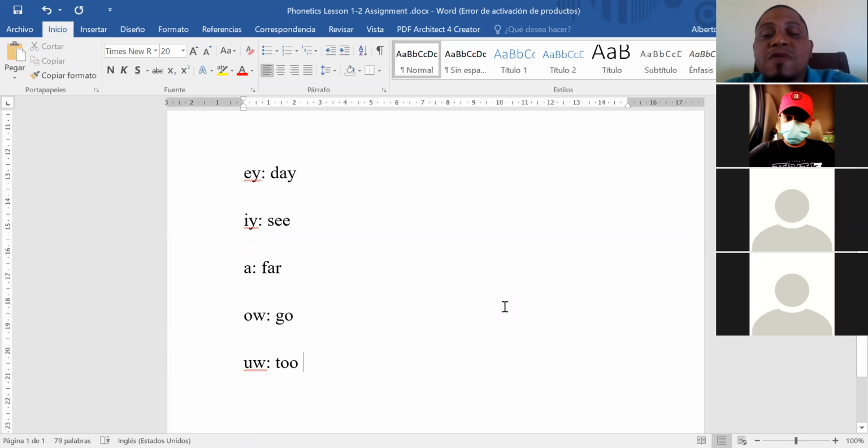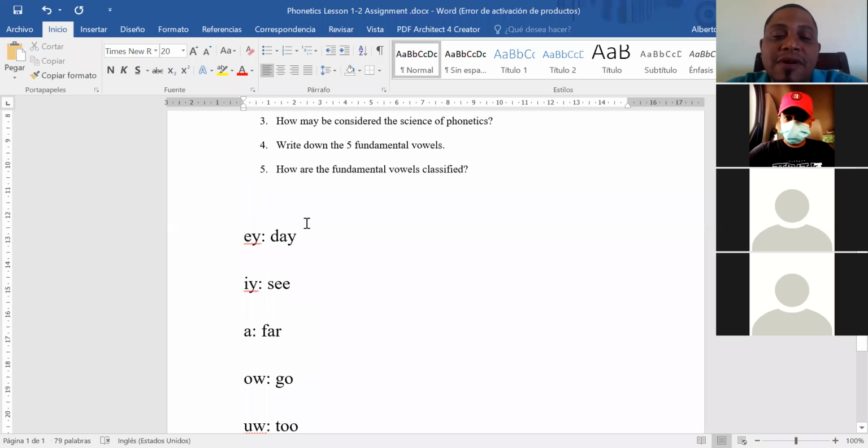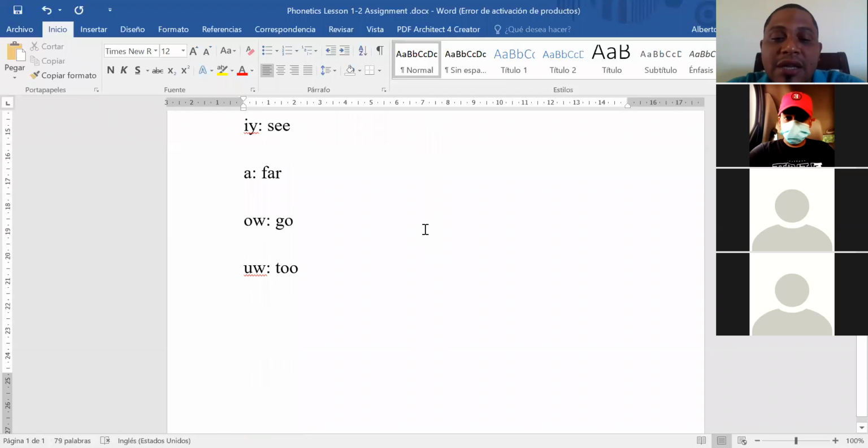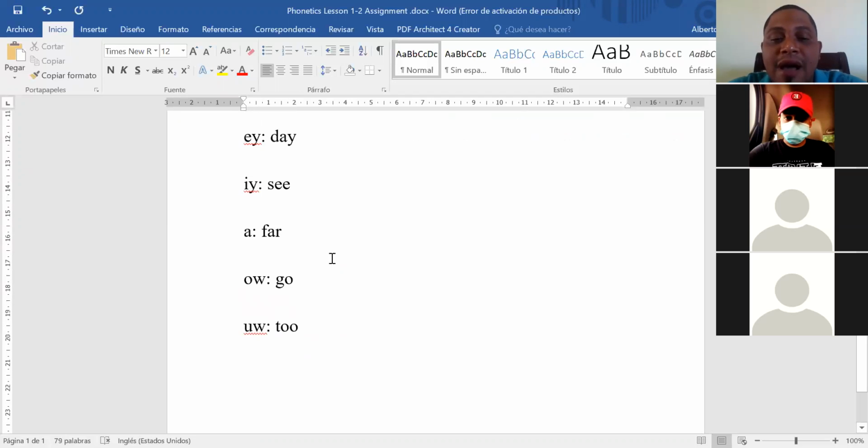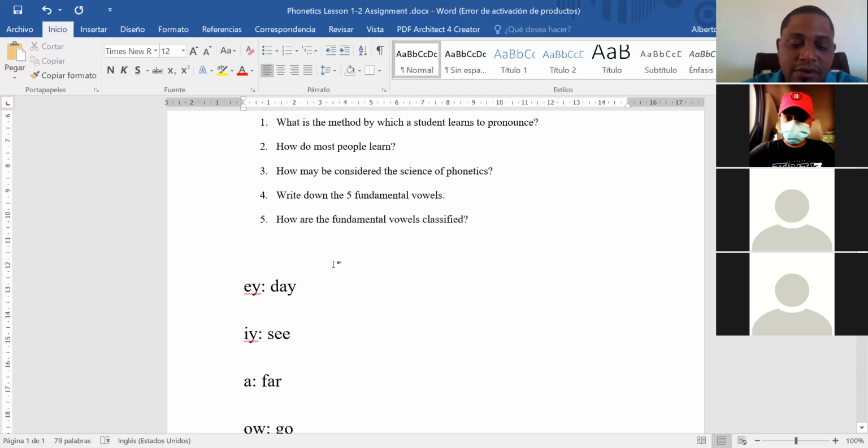Now, fundamental vowel sounds, okay? What is the difference between the fundamental vowels and the regular vowels? Well, look, these are the fundamental, the ones that we just did right now.